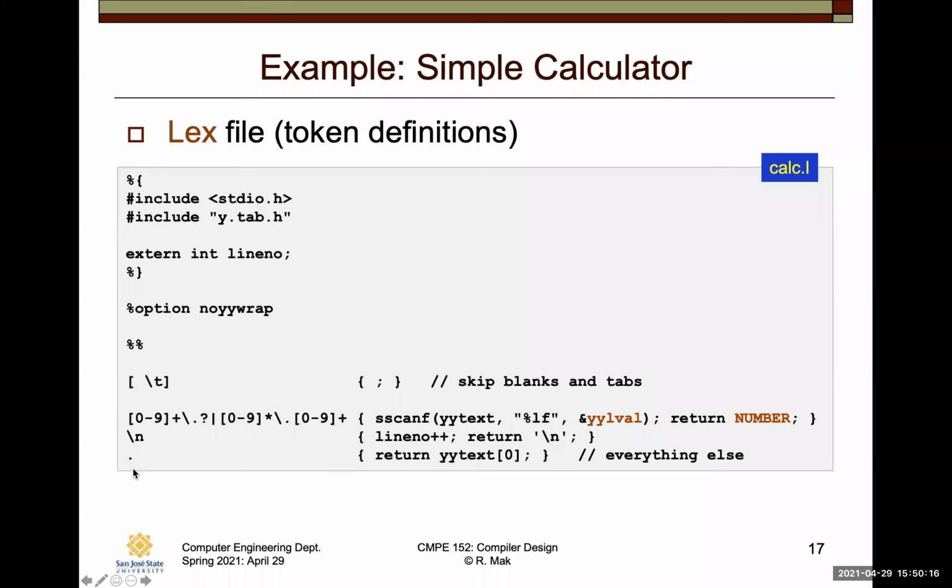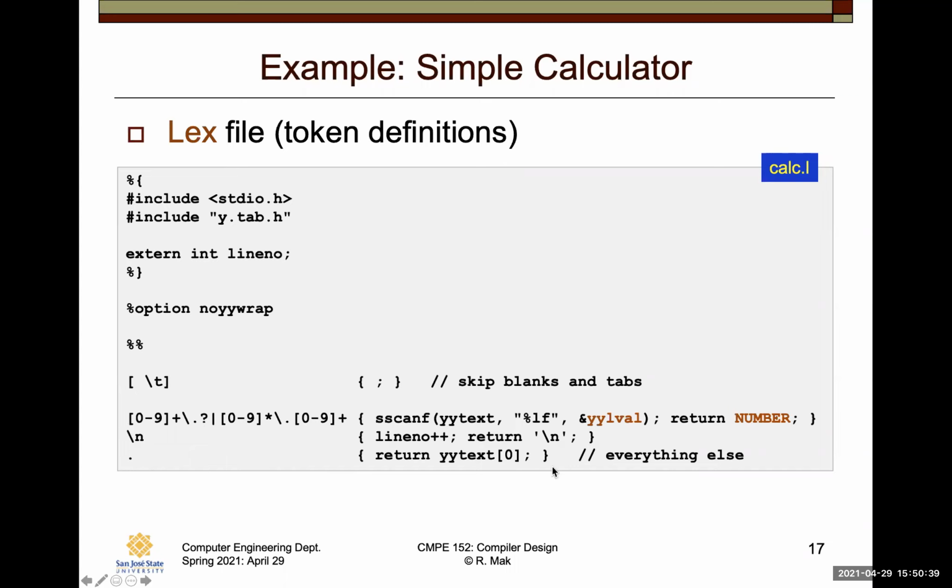Now, dot here, when it's not a literal dot, which would be backslash dot, is a metacharacter that represents any other character. So if it's not a digit or a decimal point or a blank or a tab or a line feed, then for any other character, we're just going to return it.